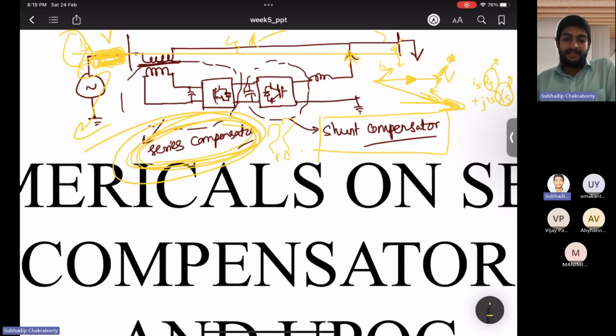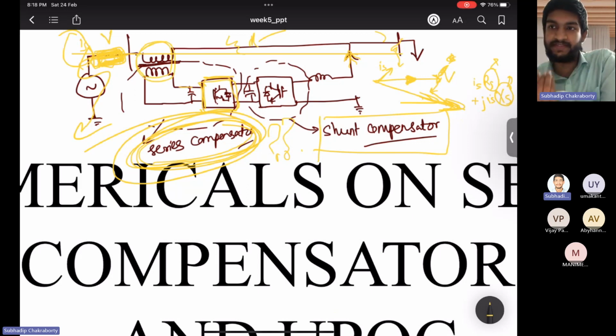So what we did is we connected a back-to-back converter, voltage source converter, which is very popular. The left hand side just uses the feature of voltage compensation.